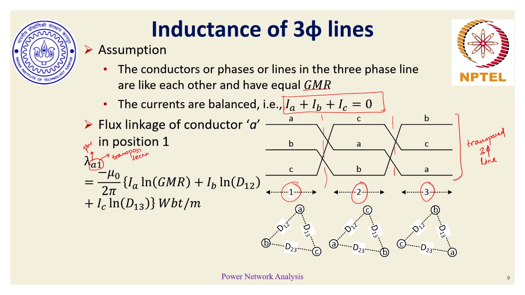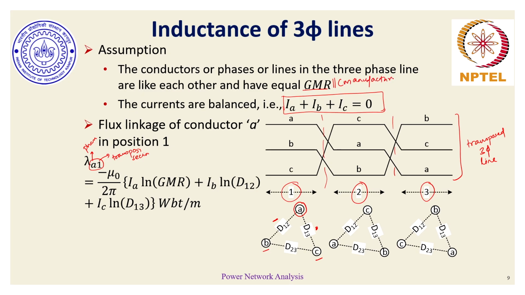This is the phase number or the conductor number. And if we recollect our flux linkage expression which we discussed last lecture, then in section 1, conductor A is placed over here. Its distances from the other conductors B and C are D12 and D13 respectively. The GMR is provided by the manufacturer.